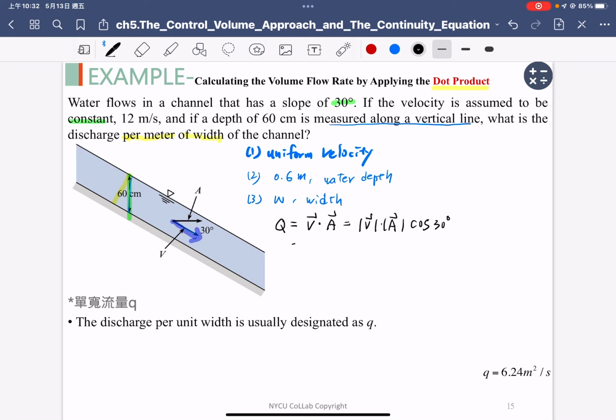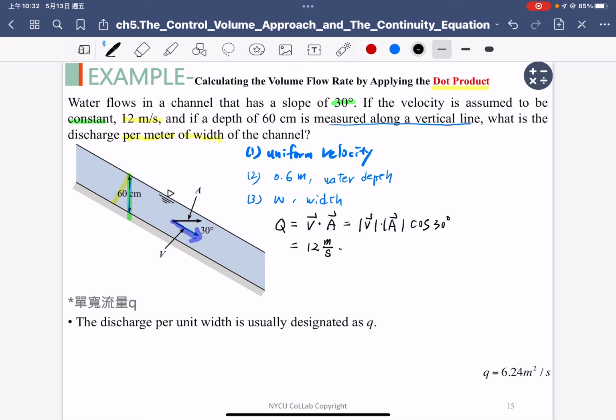And then we just look at the numbers. The velocity we have known here is 12 meters per second. And what's the cross-section area?